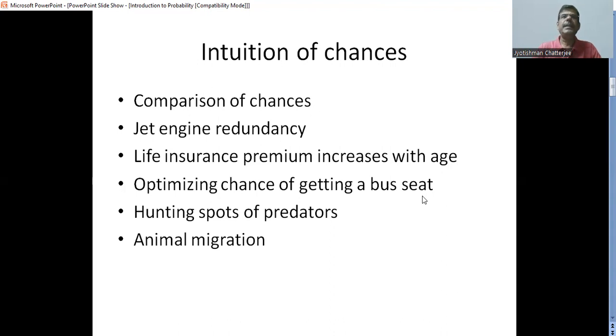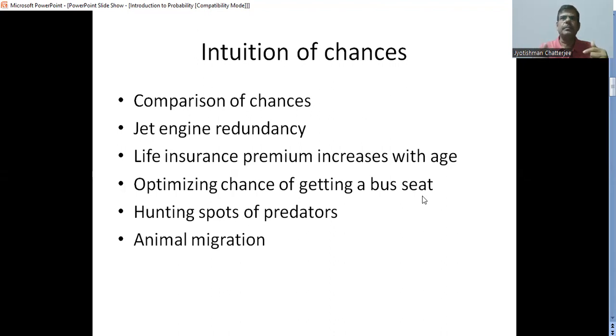Now let's take the example of life insurance premium. We know that the insurance premium increases with age. Why is it so? Let's compare 2 persons. One person is 25 years old, another person is 60 years old. Now, suppose both of them want to buy 10-year-long life insurance for the same sum assured.